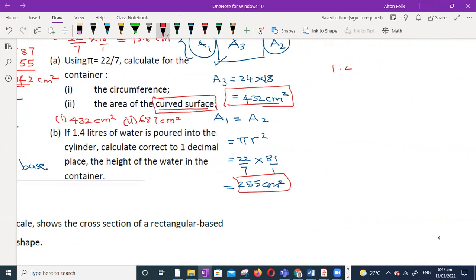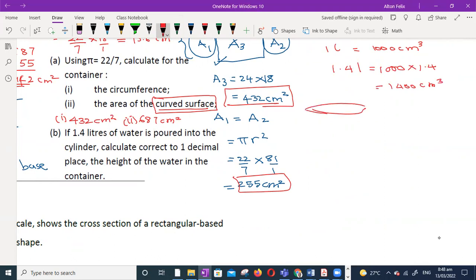Now there is a relationship between liters and cubic centimeters. 1 liter is equal to 1,000 cubic centimeters. So if you have 1.4 liters, it will be 1,000 multiplied by 1.4, which will be 1,400 cubic centimeters.